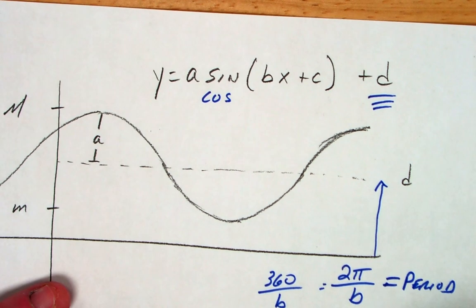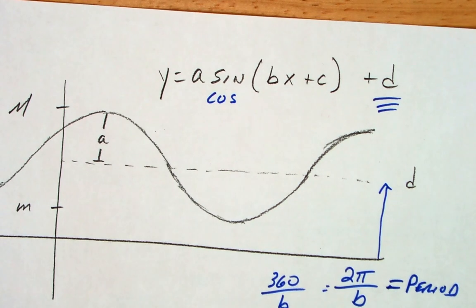So, anyway, our B impacts your period. Okay? And why is it divide? Can anybody tell me why it's my usual period divided by B instead of multiplied by B? Okay, back to my normal x, and it's inside.